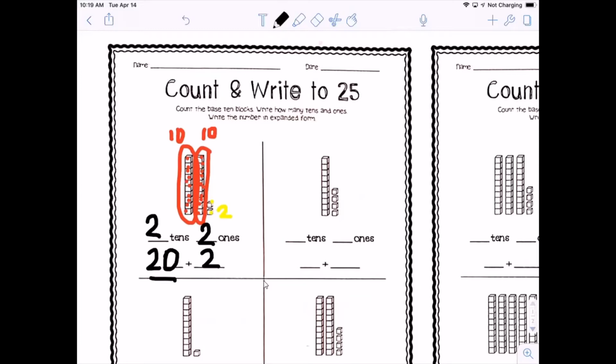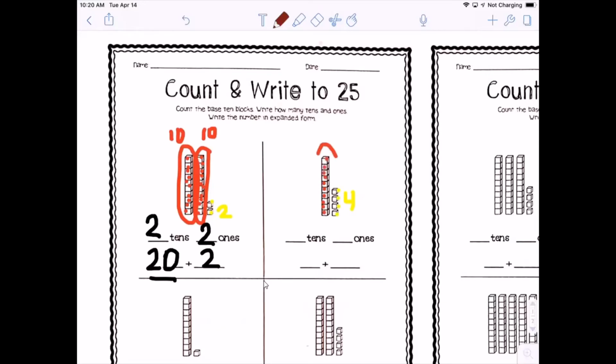Again, I count how many ones. 1, 2, 3, 4. Okay, so I write 4 there. Now I count how many groups of 10, and I want to make sure there's 10. 1, 2, 3, 4, 5, 6, 7, 8, 9, 10.